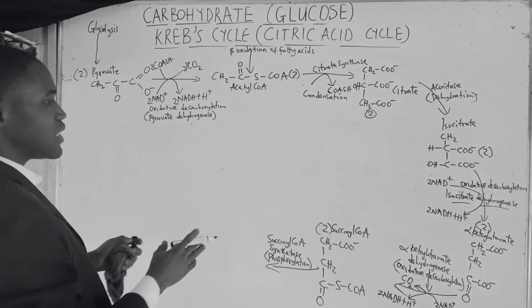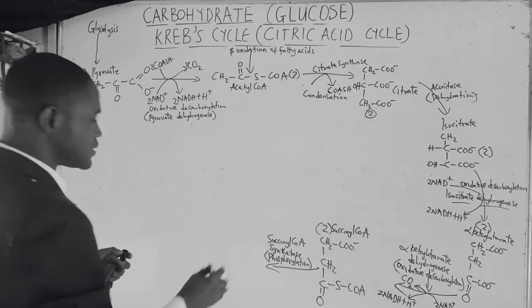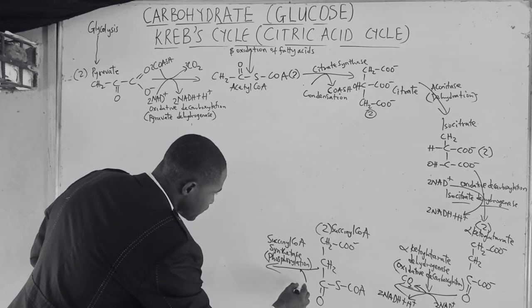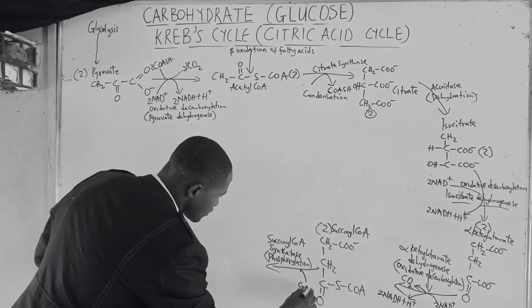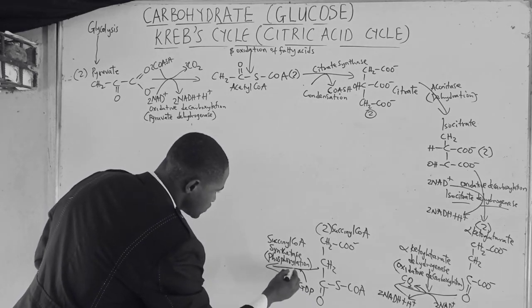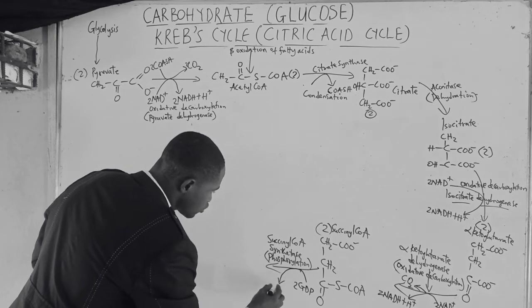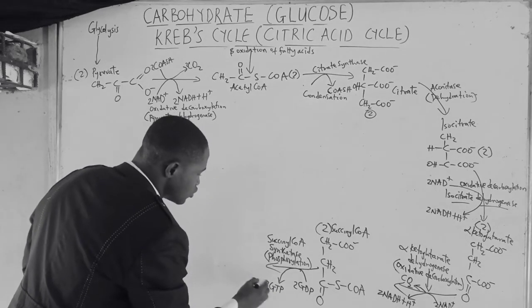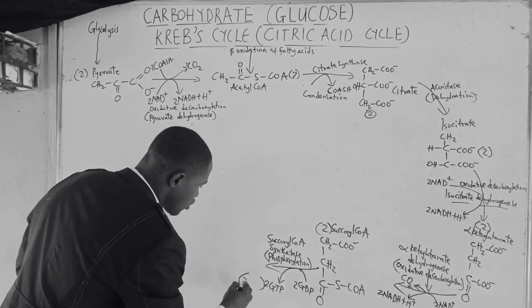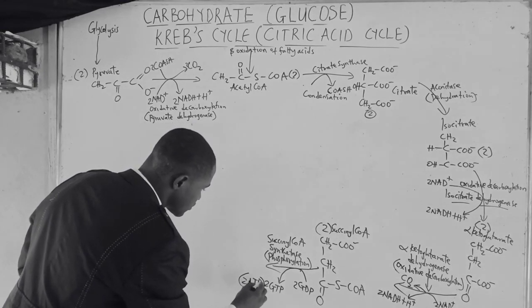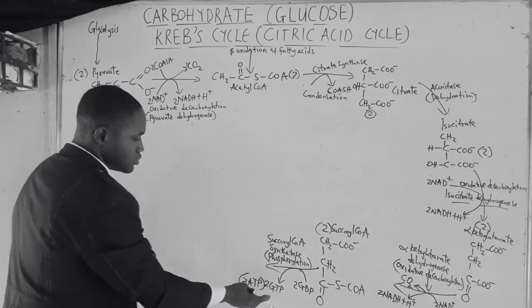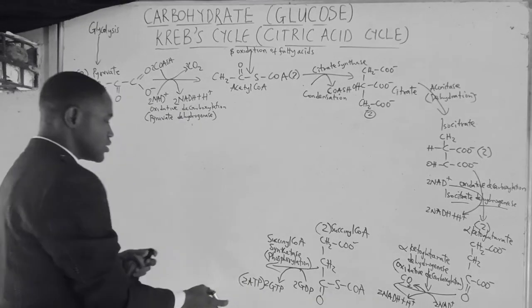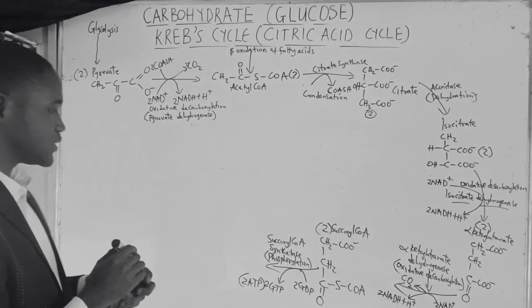Then another thing that will happen here is that this guanosine diphosphate, GDP, 2 molecules of it will go into reaction to produce 2-GTP. And this 2-GTP can also be called 2-ATP. 2 guanosine triphosphate is something like 2 adenosine triphosphate.